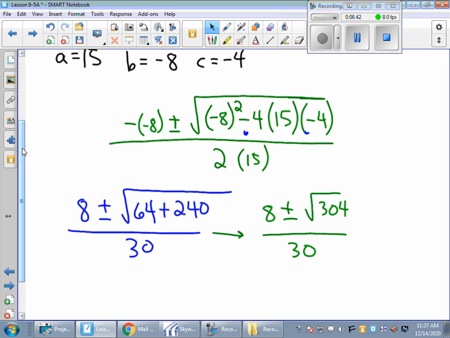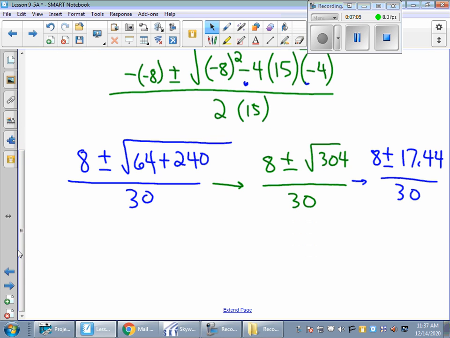So in the world of decimals, if you square root the 304, you end up with about 17.44. So this goes to 8 plus and minus 17.44 all over 30.